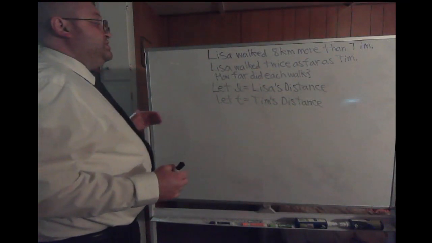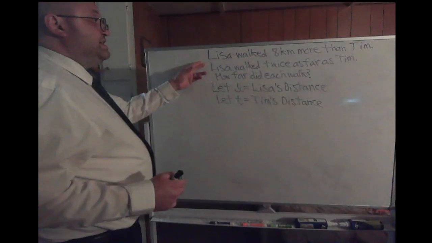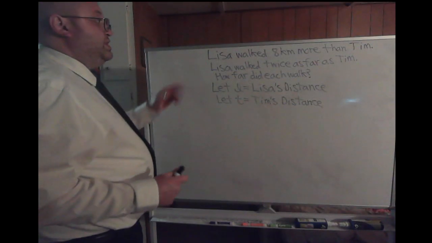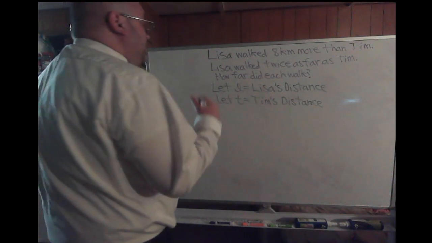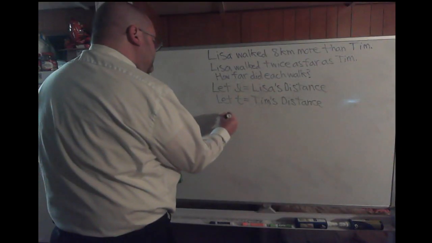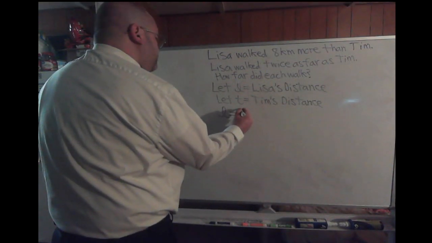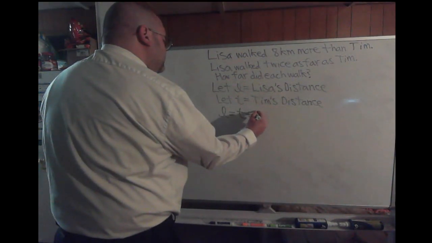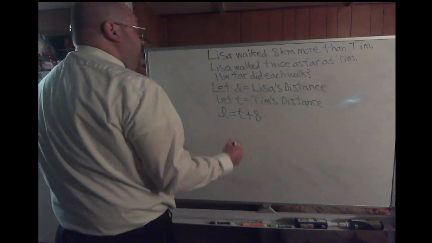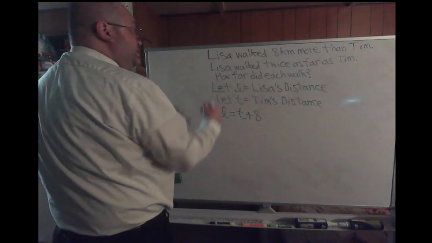Next thing we need to do is take these two sentences at the top into consideration. Lisa walked 8 more kilometers than Tim. So this tells you that Lisa's distance is equal to Tim's plus 8. And then it also states Lisa walked twice as far as Tim.